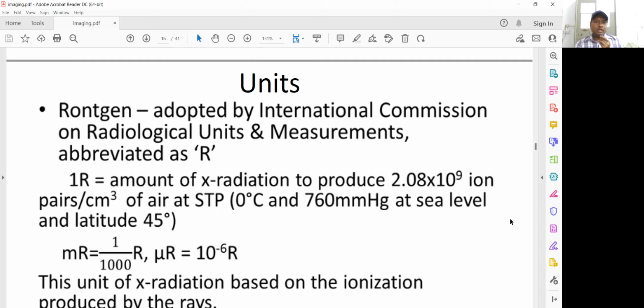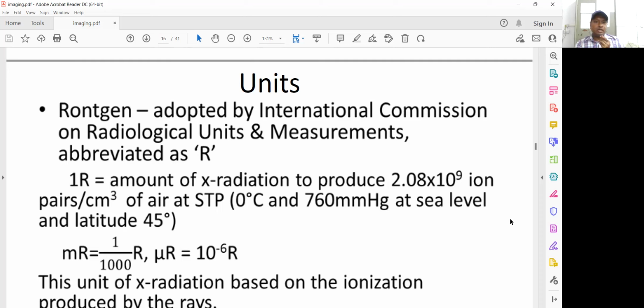A milliröntgen is 1 upon 1000 Röntgen. A micro Röntgen is 10 to the power minus 6 Röntgen. So this is one unit of X radiation, based on the ionization produced by the rays.